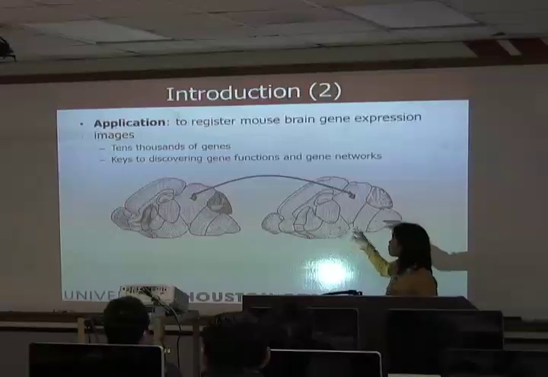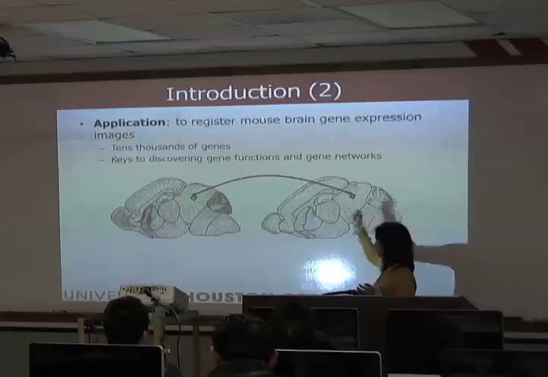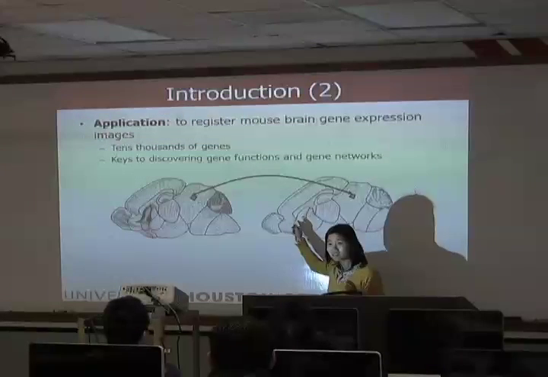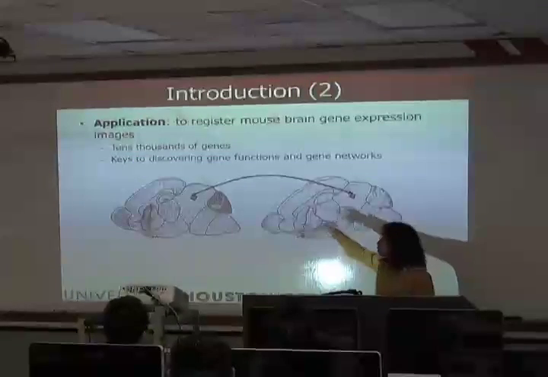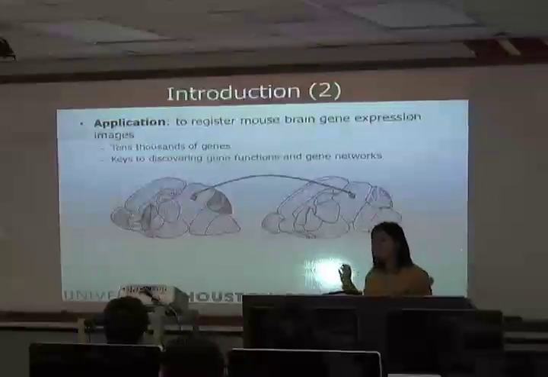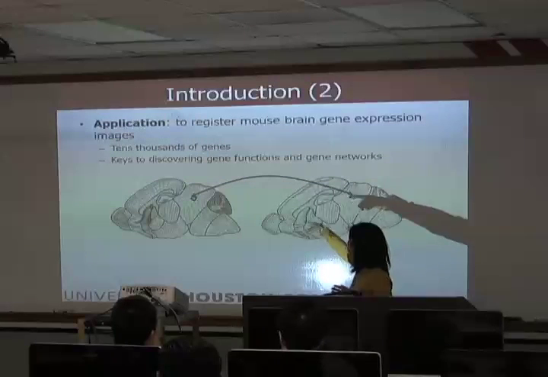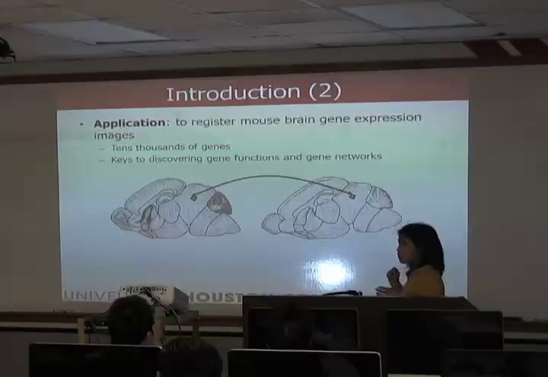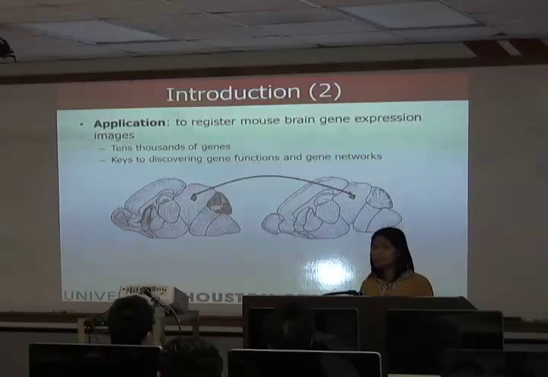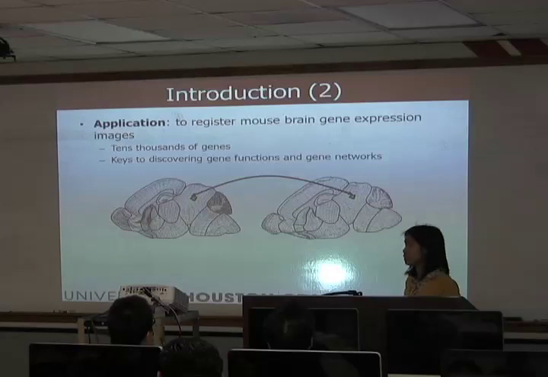Given gene expression images, the biologists want to compare the expression patterns. This means the intensity patterns in the same corresponding region of interest, like the two yellow regions here. This is key to studying the functional networks between different genes.